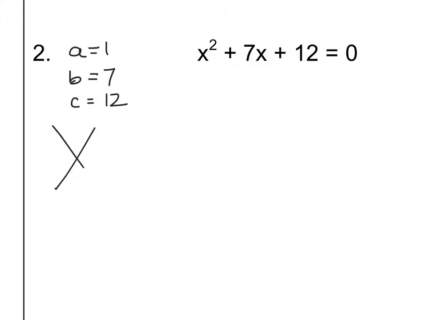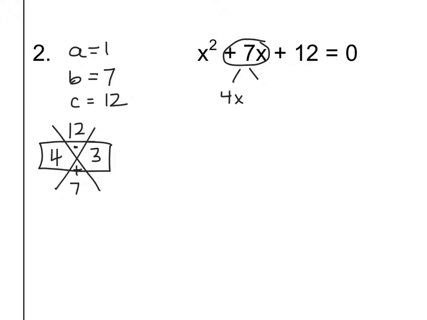So I need to find A times C, that's 12. I need factors that multiply to be 12 and add to be 7. Those two numbers are 4 and 3. So I'm going to replace the middle term with 4x and 3x.